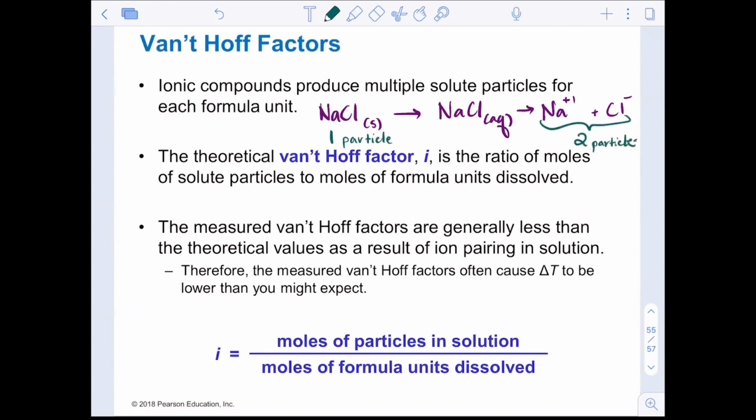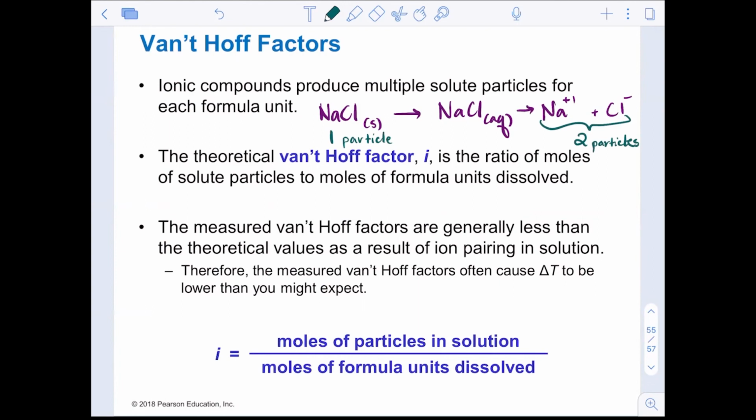And so it's really that Van 't Hoff factor i that will be used to make sure that we account for the number of ions in the solute. All right, so if you have a molecule, your i is 1 because there are no ions formed.